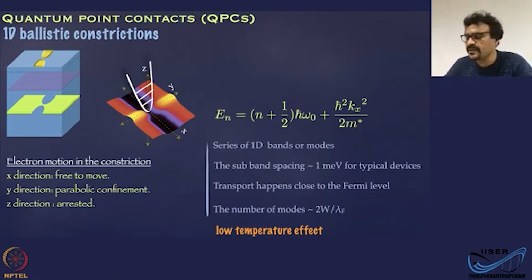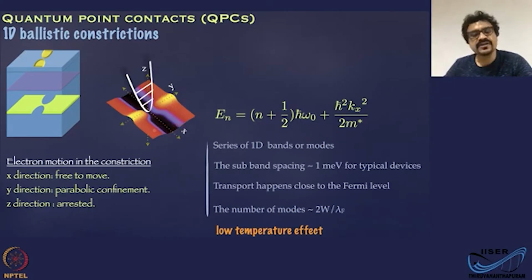Okay. So you have a parabolic confinement in the y direction. That means quantized energies. Now the x direction is free to move. The z direction is the direction it cannot move.